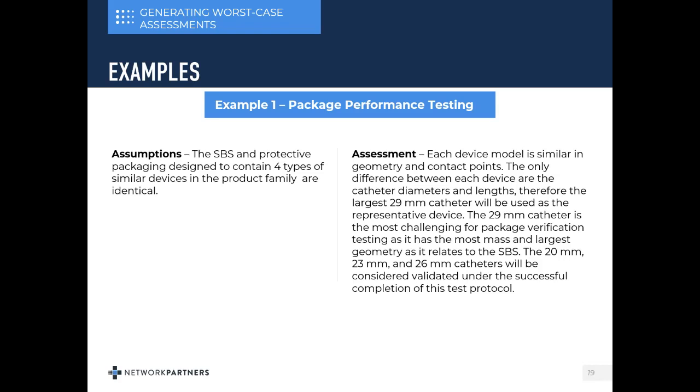And the 20, 23, and 26mm catheters will be considered validated under the successful completion of this test protocol. So it's very high level. I would probably also include some pictures, and maybe a table to show what the similarities are for an auditor, because auditors love pictures, auditors love tables, based on my previous experience.